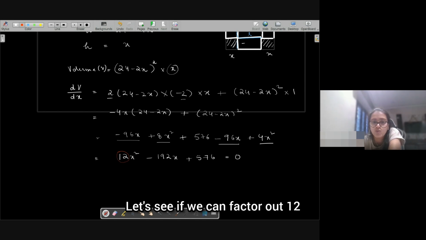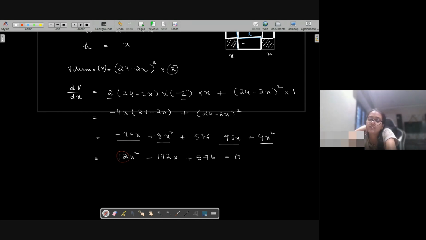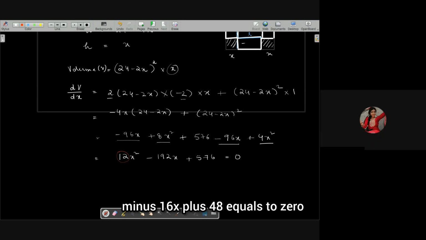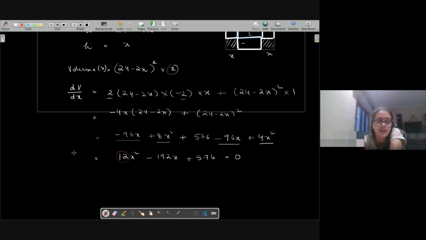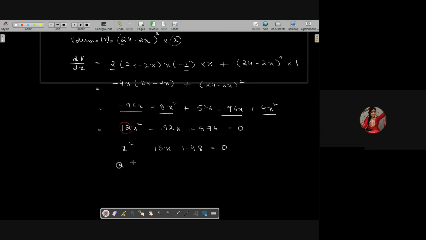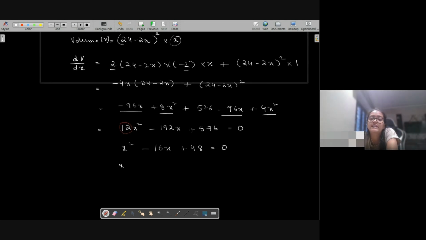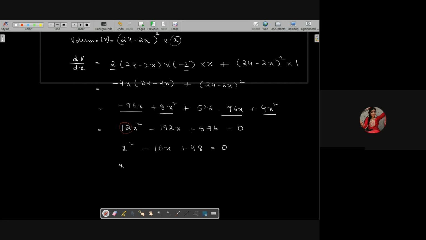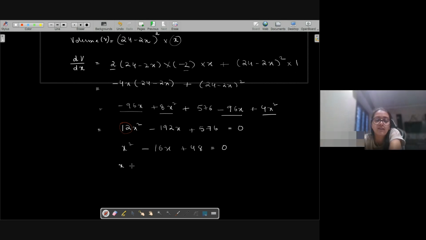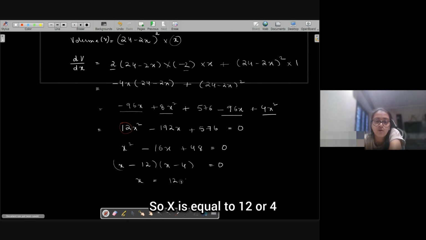Let's see if we can factor out 12. Is 192 divisible by 12? Yes, it is, giving 16. And 576 gives 48. So we get x squared minus 16x plus 48 equals 0. Factors of 48: minus 12 and minus 4, so x minus 12, x minus 4. So x is equal to 12 or 4.